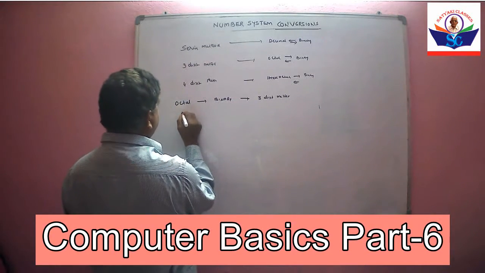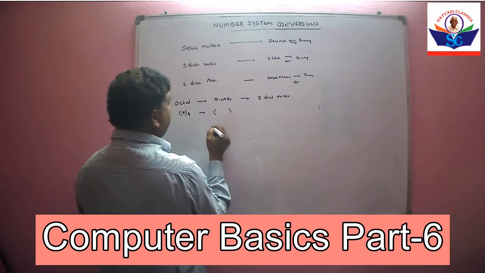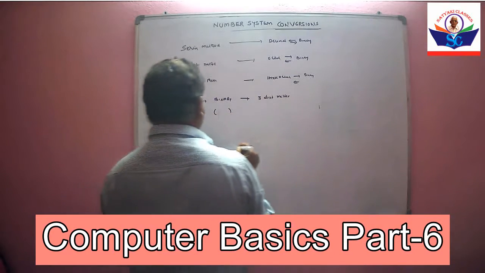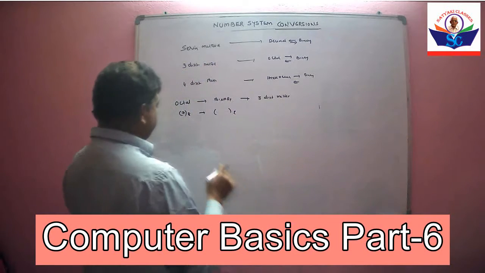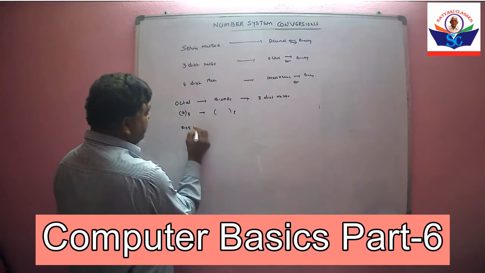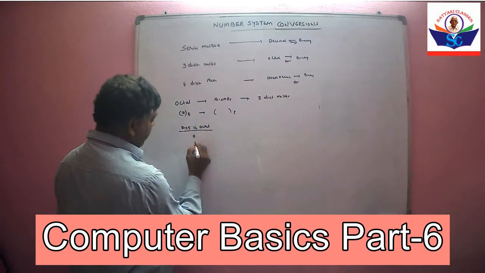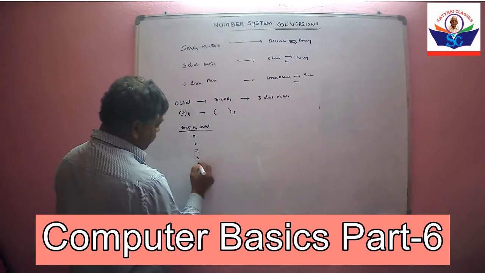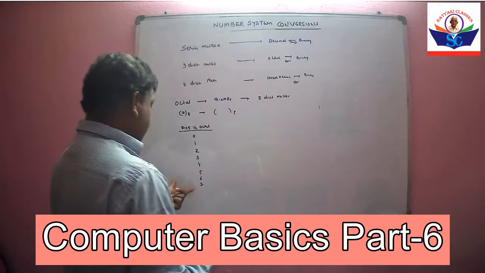Suppose we take 7 in octal number, is it equal to which number in binary number? Observe here. The digits in the octal number system are 0, 1, 2, 3, 4, 5, 6, 7. The maximum digit is 7.